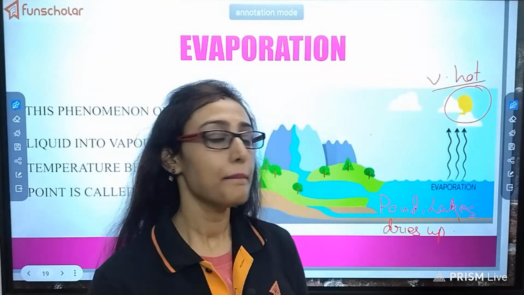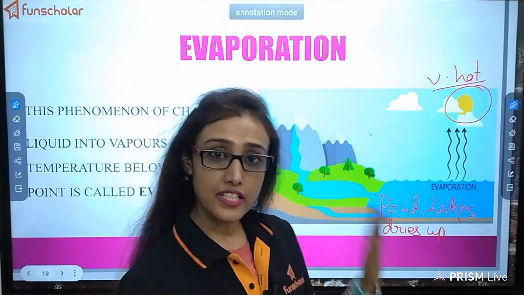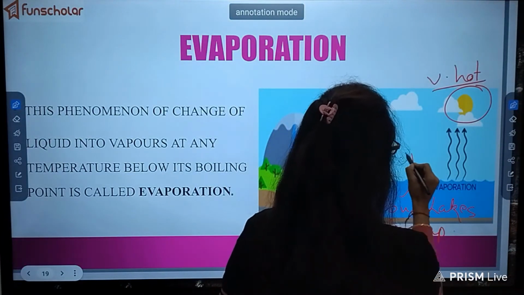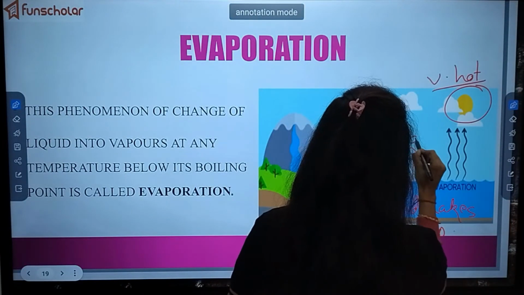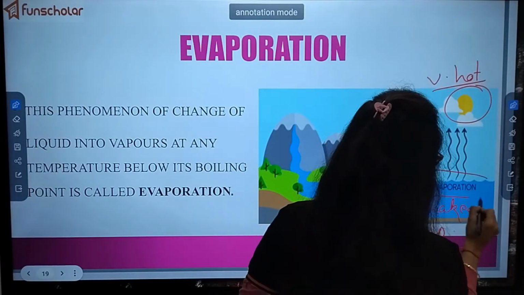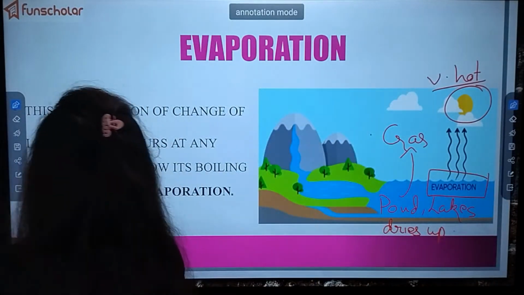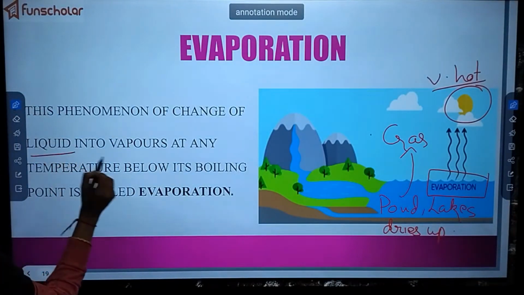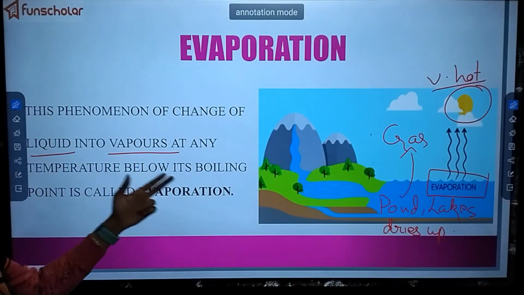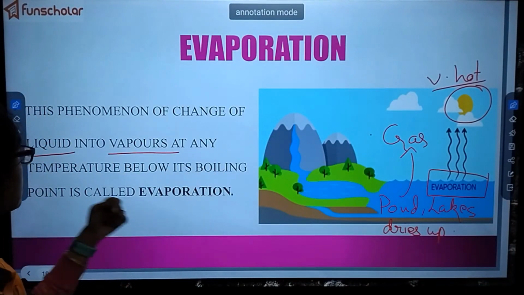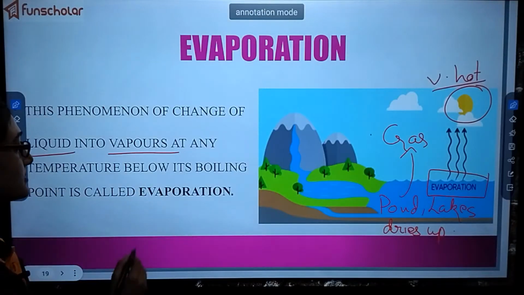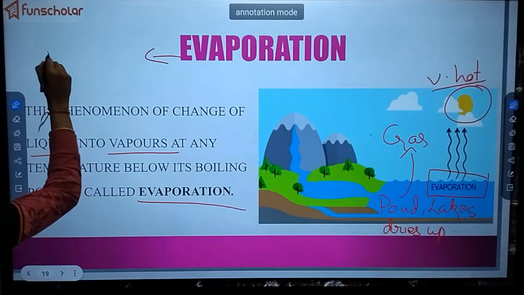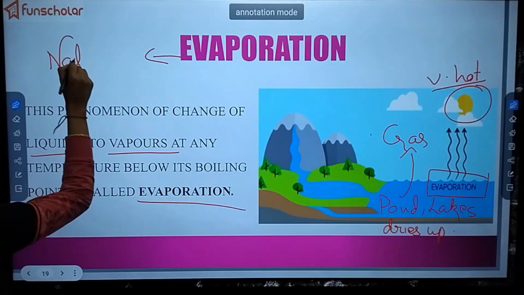Obviously, they dry up naturally. So, the natural process by which a liquid substance changes into a gaseous substance is known as evaporation. The phenomenon of change of liquid into vapor state at any temperature below its boiling point is known as evaporation. The first point you must remember is that it is a natural process.